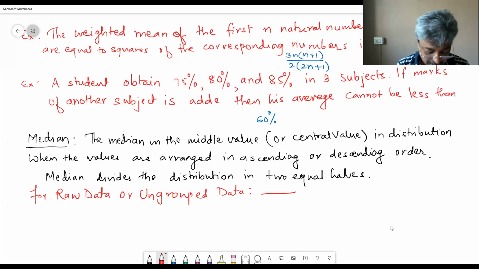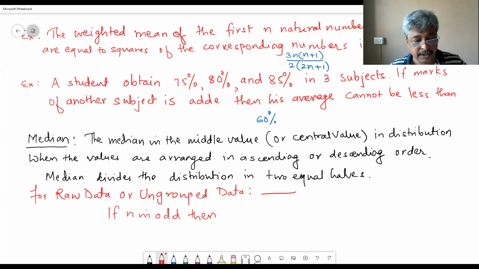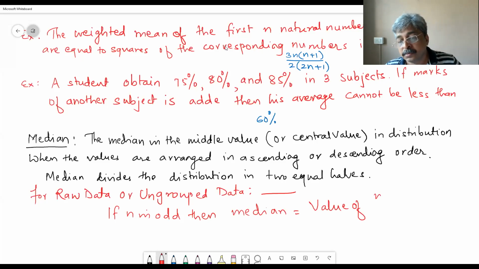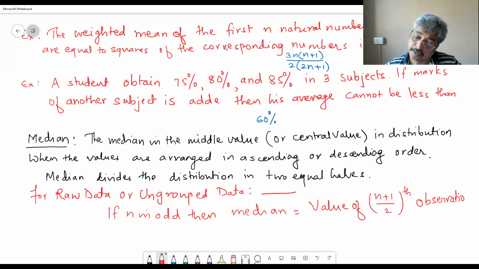And if n is odd, then median is equal to value of n plus 1 upon 2th observation. ठीक है.